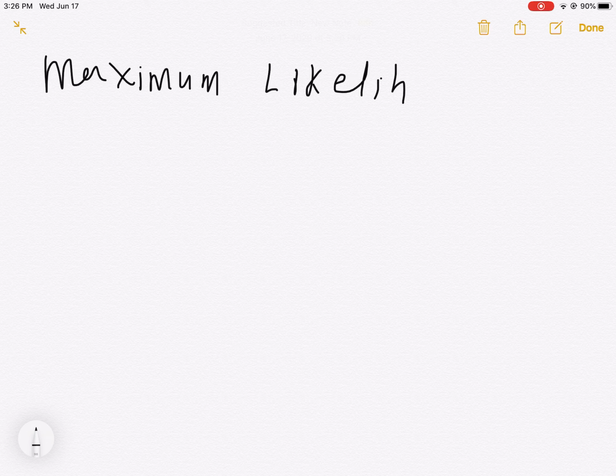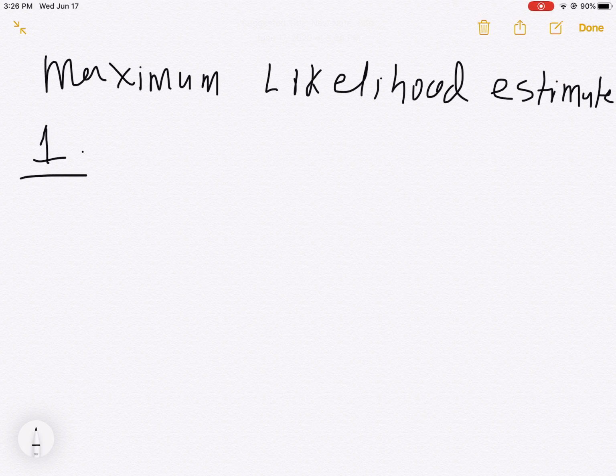Now let's do the maximum likelihood estimate. So it starts off the same. Let x1 through x sub n be data.